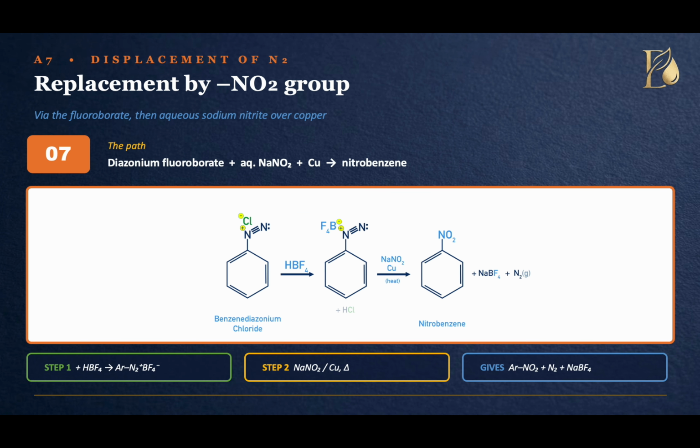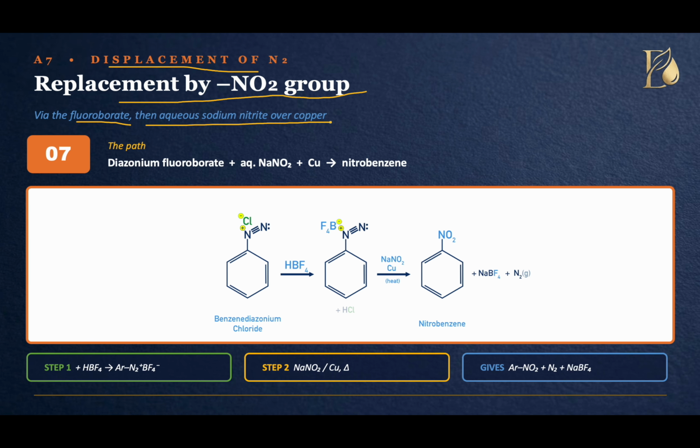Now the last and final reaction in the displacement of N2 category is replacement by the NO2 group, meaning we are converting diazonium salts into nitro compounds. The compound with an NO2 group is a nitro compound, made through the fluoroborate, then aqueous sodium nitrite over copper.